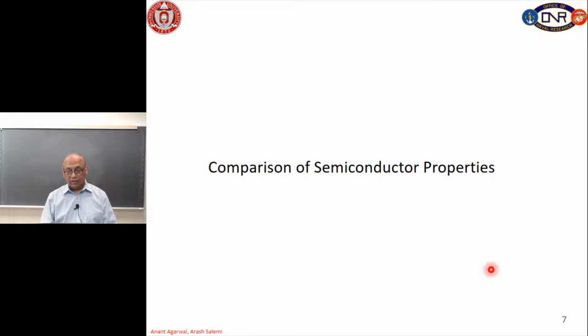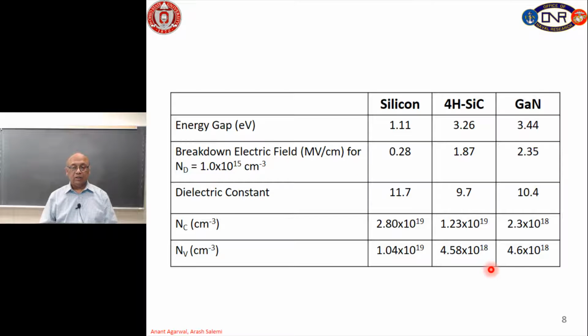All right. So, with that, let us move on to comparison of different semiconductor properties. As we had mentioned earlier, we will consider 3 semiconductors: silicon, 4H silicon carbide, which is a particular polytype of silicon carbide, called hexagonal lattice, and gallium nitride.